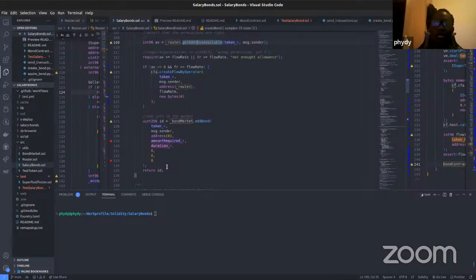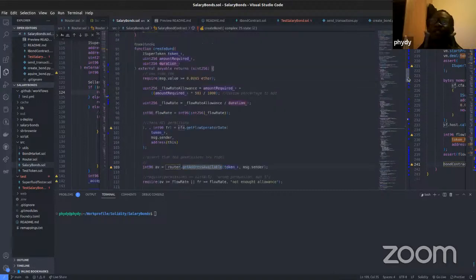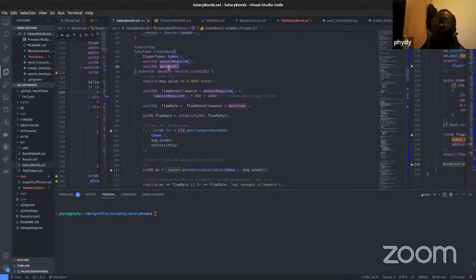Let's say this bond is worth 100 USDC. You can come in with USDC, buy that bond, and transfer that USDC to the creator of the bond, and you are automatically given a stream based on the duration that was put in the bond. The stream you are created when you purchase the bond is based on this duration, which means for every second of a stream you receive, you receive a particular percentage, which is more than what you paid.